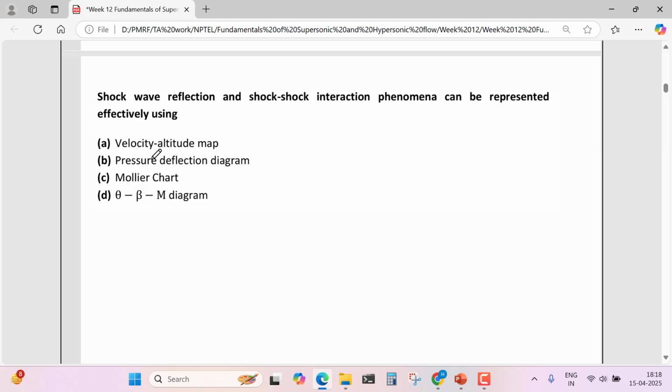So what will be the correct answer? The correct answer for this is the pressure deflection diagram. So we'll see what a pressure deflection diagram is.